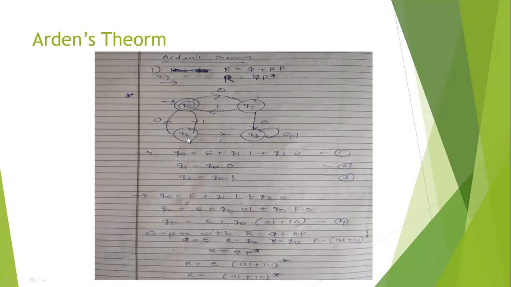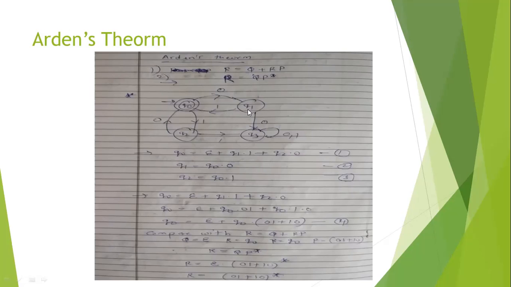And again, from Q2, there is one input coming to Q0, that is on the input 0. So my equation for Q0 becomes Q0 is equal to epsilon plus Q1 dot 1 plus Q2 dot 0. This will be my equation number 1, for Q0.